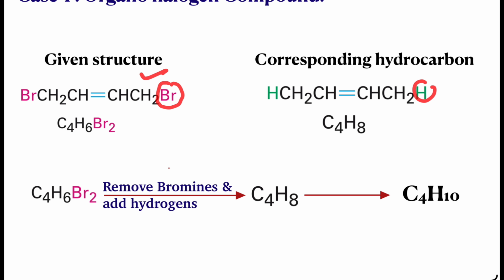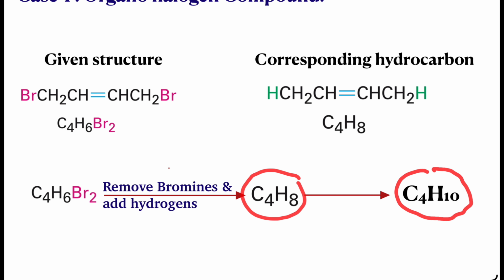Simply bromines are replaced with hydrogens. Two bromines are present, so you are adding two hydrogens. So remove bromines and add hydrogens. C4H6Br2 is becoming C4H8. Now the second task is to convert this into saturated hydrocarbon with the same number of carbons.